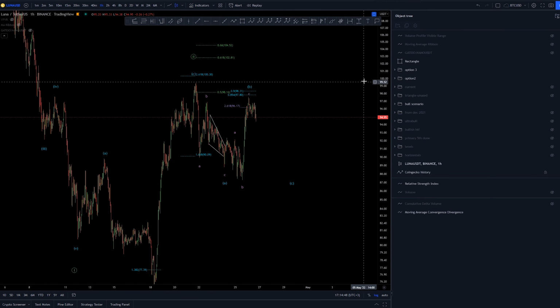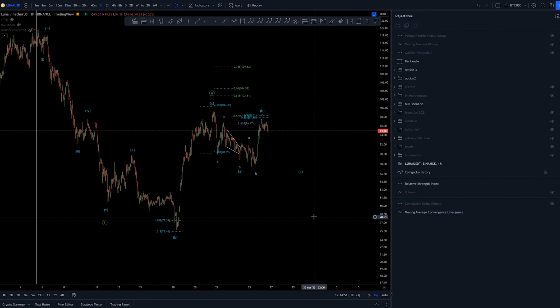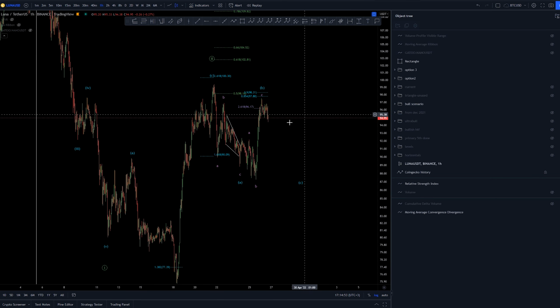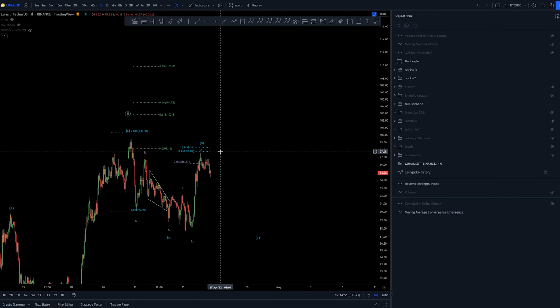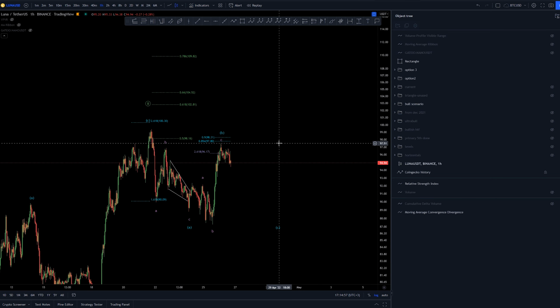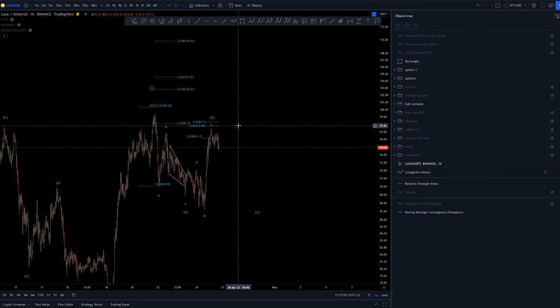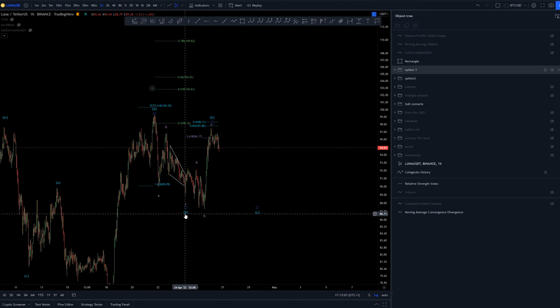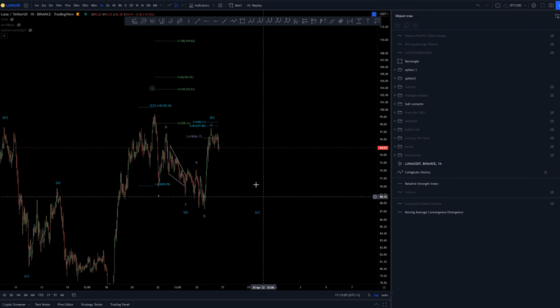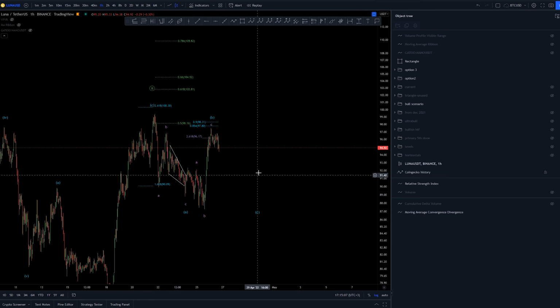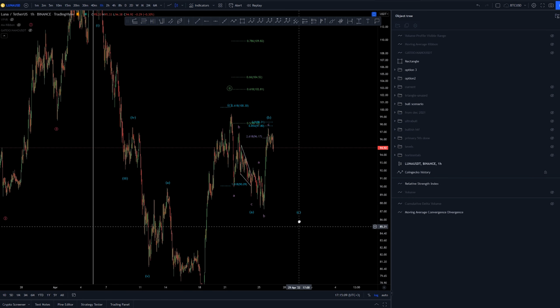Are we going to say that we can't accept that as the price did not get to this box or this area? It's hard to say, but if we are strict, we have to be saying that this could be the W, X, and then Y. The difference is here, are we expecting 3 waves or 5 waves?